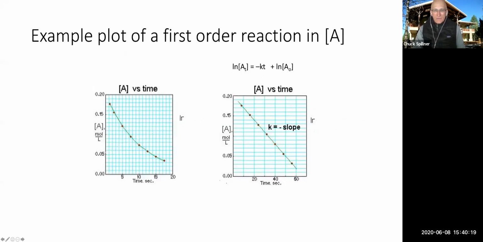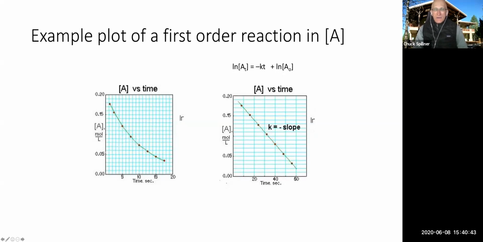The rate constants are always positive, but if we're looking at the rate constant from the slope of a reactant, remember reactants are always disappearing, so the line is going to have a negative slope.